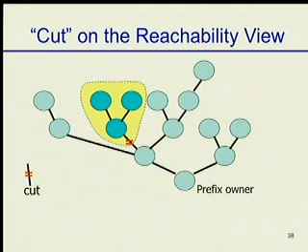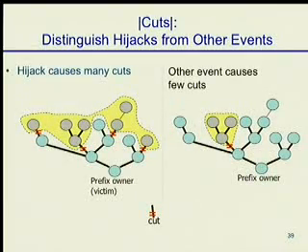If you have a small number of cuts, it's more likely that you have a physical failure type of event. Because usually, if you have a single physical failure, the networks which are impacted tend to be localized in terms of topological location. Whereas pollution due to hijacking is likely to be more widespread.